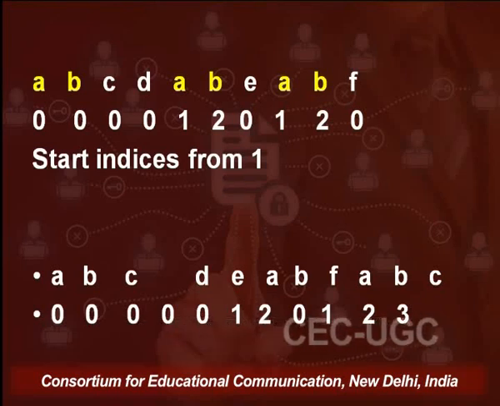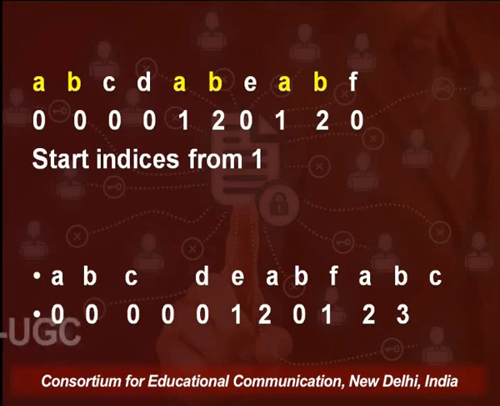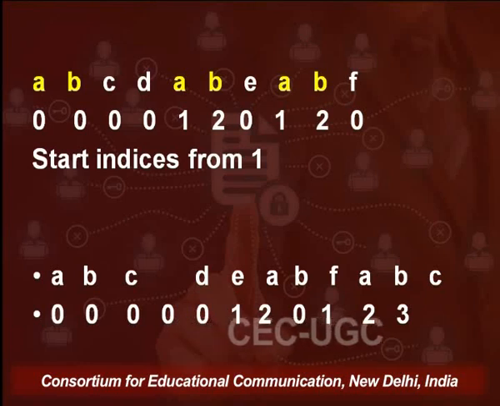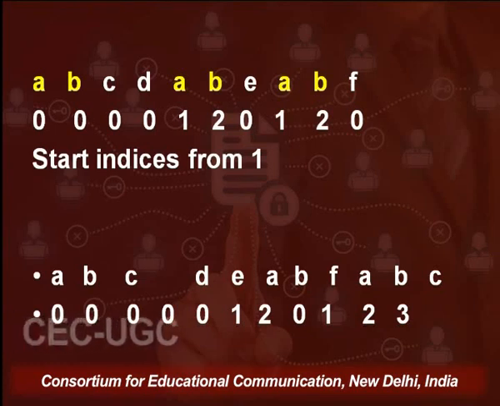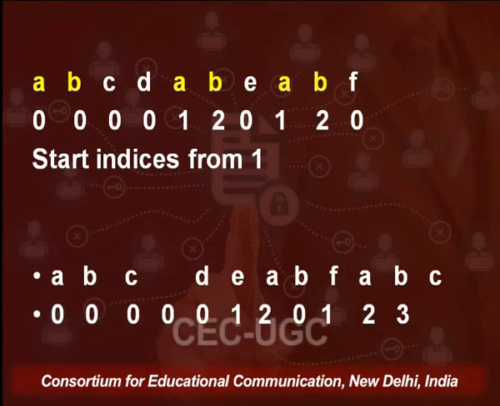So, this pre-processing of the pattern is required, and when we encounter these matching indices in the table, that is going to form an LPS table. I will show you in a moment.